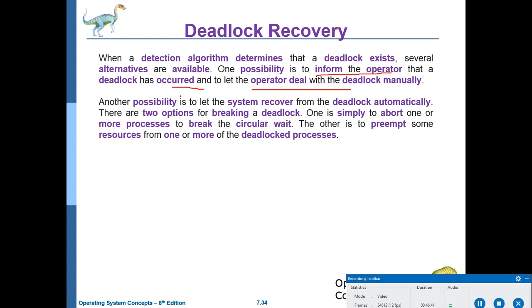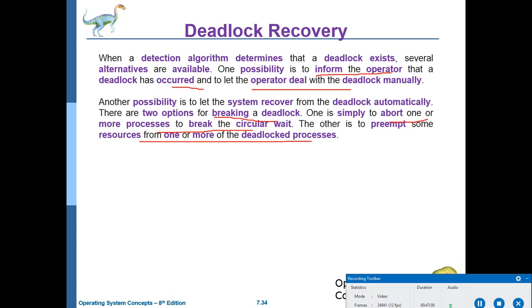Another possibility is to let the system recover from the deadlock automatically, and there are two options for breaking a deadlock. One is simply to abort one or more processes to break the circular wait, and the other is to preempt the resources from one or more deadlocked processes. So what are the two options taken by the system to recover from a deadlock automatically?